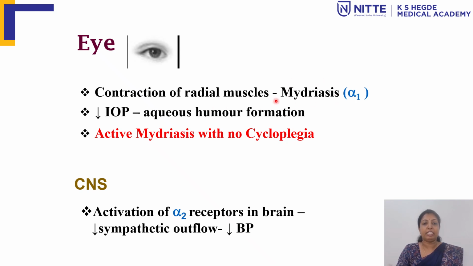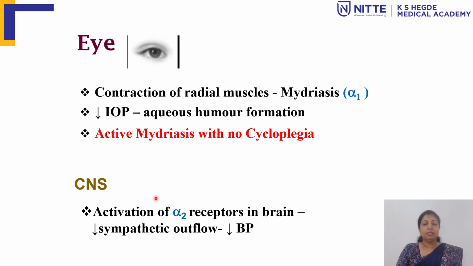This is active mydriasis, because they are producing contraction of the radial muscle, and they can also increase production of the aqueous humor, and thereby reduce the intraocular pressure. So in the eye there is active mydriasis with no cycloplegia. This is how we can differentiate between adrenaline and atropine on the eye. Atropine on the eye produces mydriasis which is passive with cycloplegia, whereas adrenergic drugs produce active mydriasis with no cycloplegia.